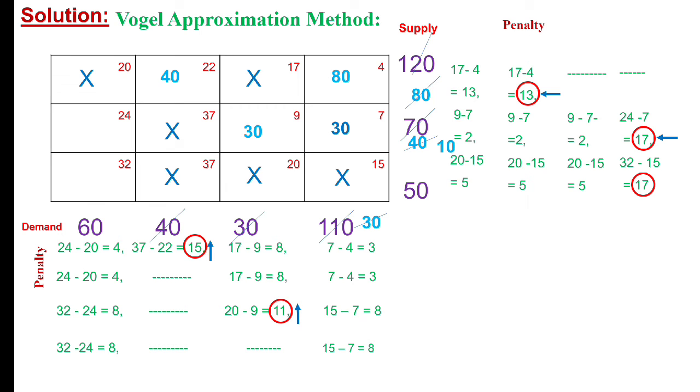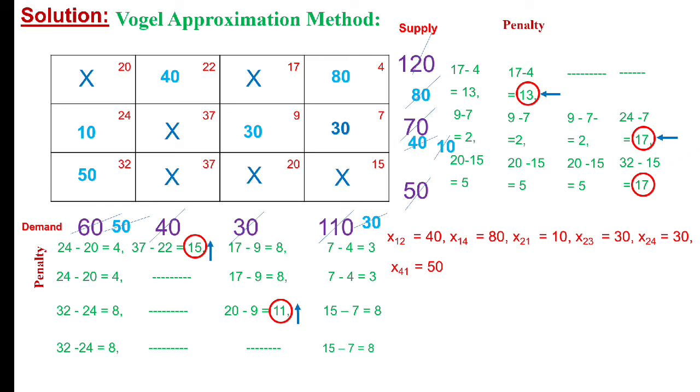Now the values need to be collected. First row second column 40, first row fourth column 80, second row first column 10, second row third column 30, second row fourth column 30, third row first column 50. That's it. Now the minimum transportation cost will be calculated. 40 into 22 plus 80 into 4 plus 10 into 24 plus 30 into 9 plus 30 into 7 plus 50 into 32.